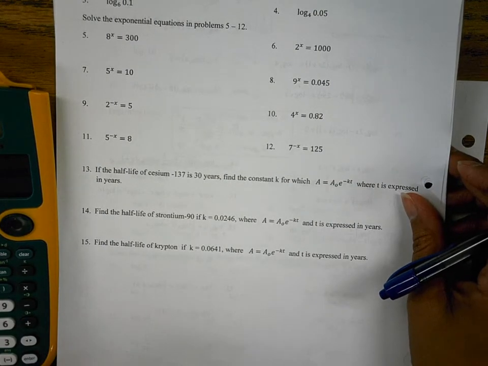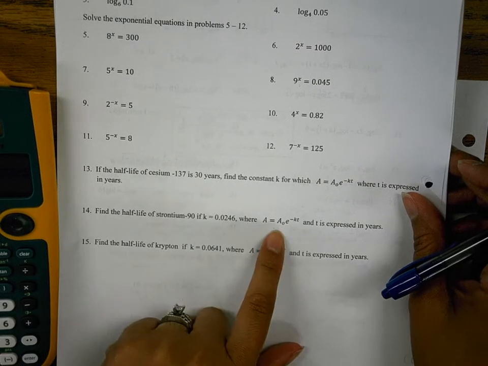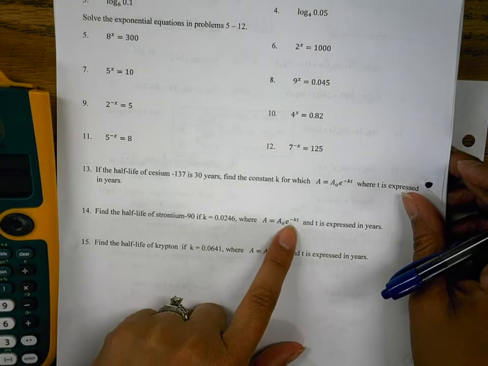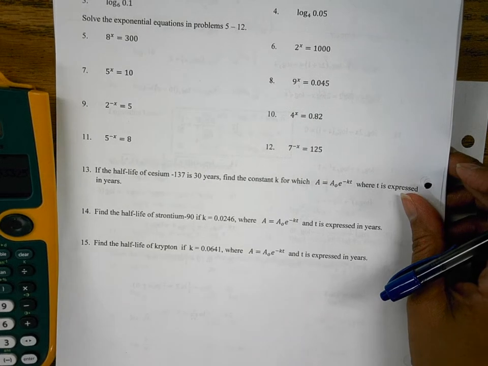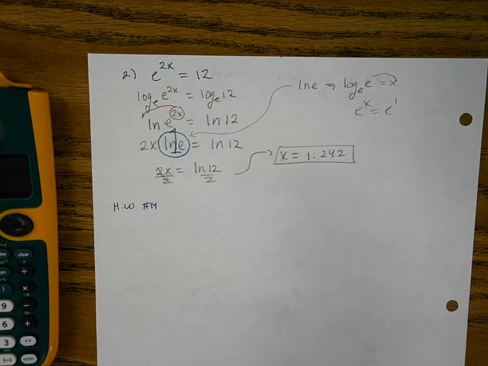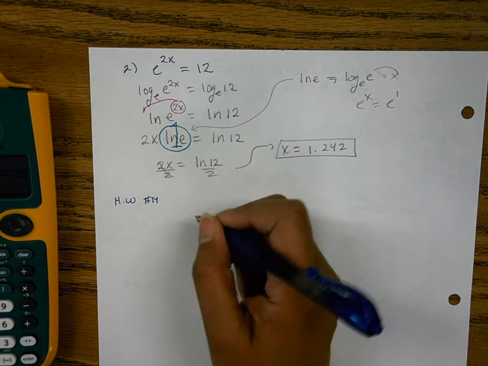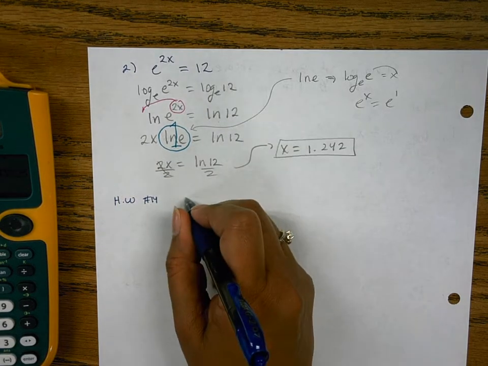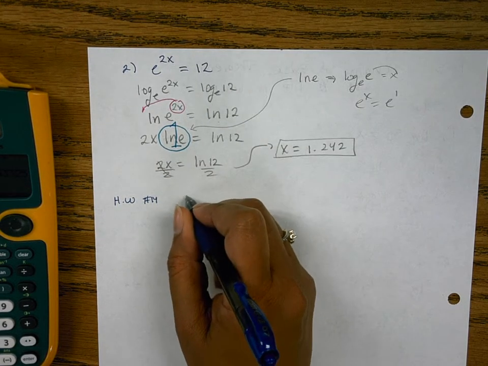Find the half-life of strontium-90 if K equals 0.0246, where A equals A naught times e to the negative KT, and T is expressed in years. All right. I'm not going to write everything down, but I'm going to write down information that we need.